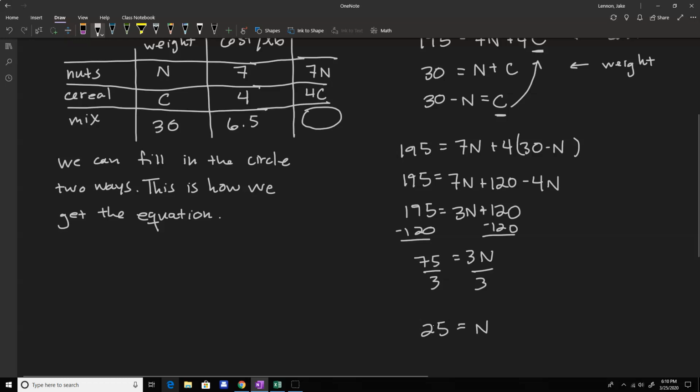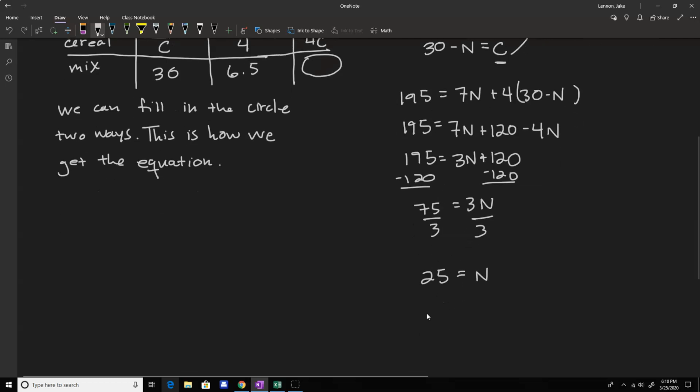So if 25 is N, we saw above that 30 minus N is equal to C. So 30 minus 25 is C. So 5 is equal to C. So we have solved for each of the two amounts of the quantities that make up the party mix.